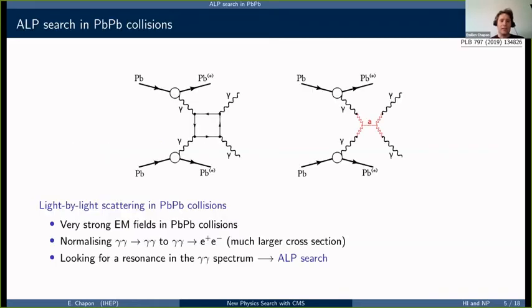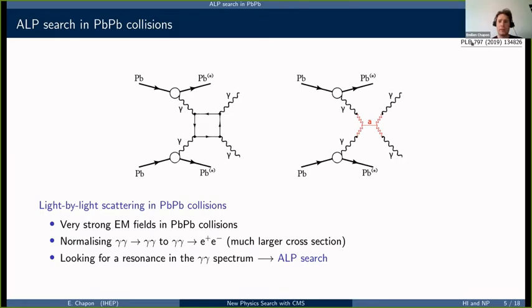Starting with ALPs. We've seen these diagrams already, and the motivation, so I can go quickly on this slide. The advantage is that we have very strong electromagnetic fields in lead-lead collisions, so this process will be enhanced compared to pp.